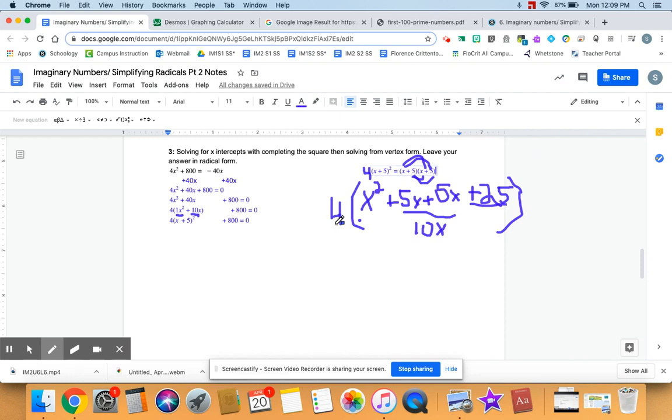So when I multiply 4 into everything, that becomes 4x squared, which is this guy right here. This becomes 40x, which is this guy right here. But then this 4 times 25 becomes 100, and that 100 does not exist. So this is secretly adding in 100. If I'm going to secretly add in 100, I need to subtract out 100 to keep it balanced.